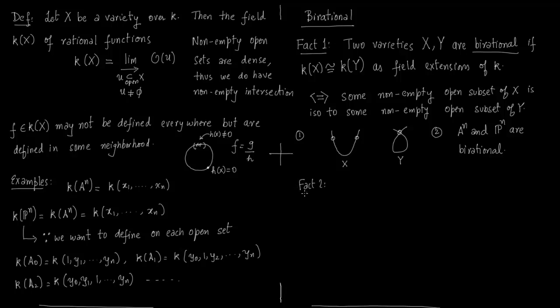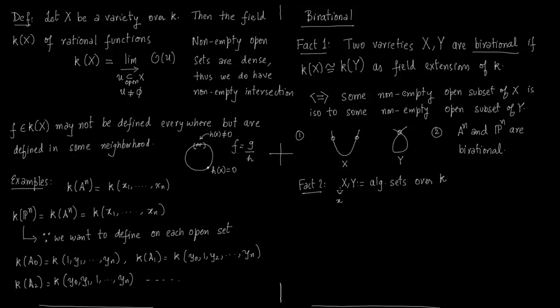Fact 2. So let X and Y be algebraic sets over K. So X and Y are algebraic sets over K, and you fix points x and y. Yeah, so you fix 2 points, x in X and y in Y. So let us write this down.